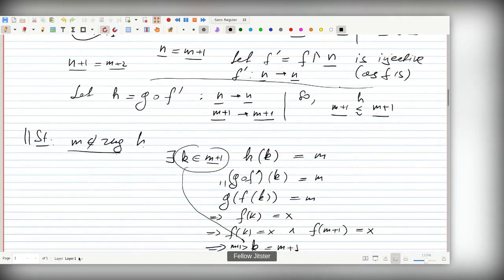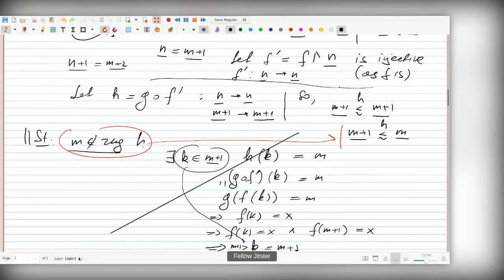So what does it mean? As a result, we see that h is still an injection of m plus 1 into m, because the only element that differs m plus 1 from m, namely m itself, doesn't belong to the range of h.